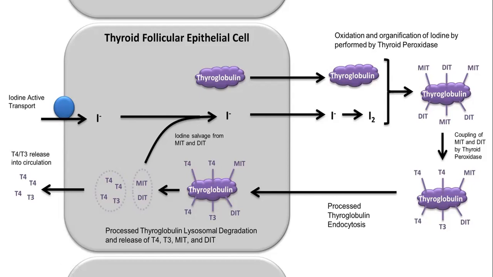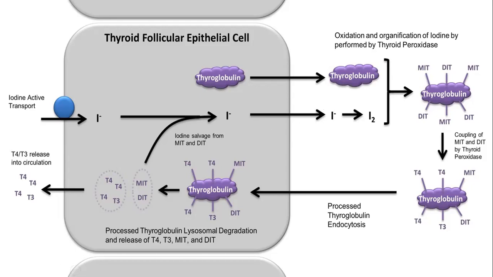Consequently, iodide is highly concentrated in the thyroid gland compared to the rest of the body. So the prerequisite molecule for thyroid synthesis is iodine, and this iodine is transported in the form of iodide.